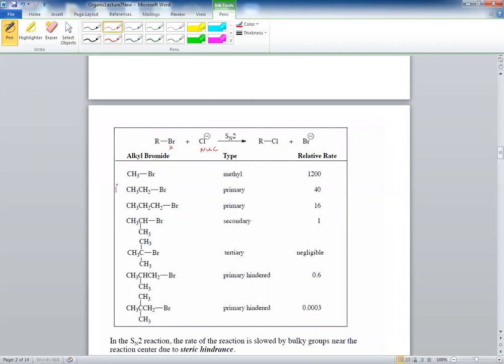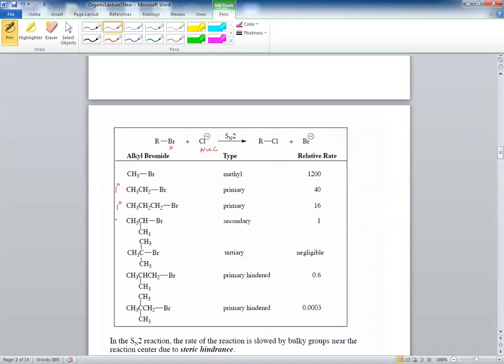So this is a primary carbon. If you keep it a primary, but you add even more groups, so it becomes more sterically hindered, also, in this case, of course, it's branched, the rate drops to 16.